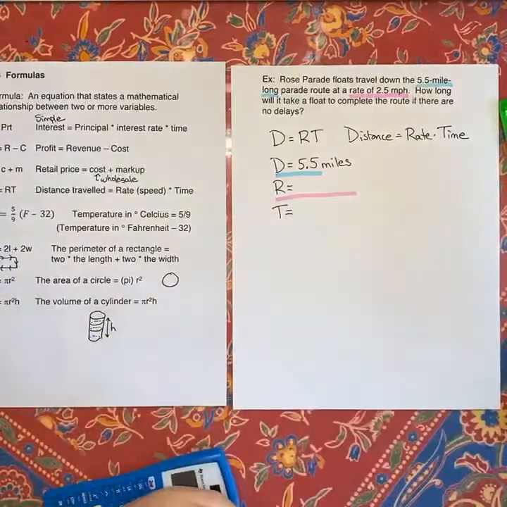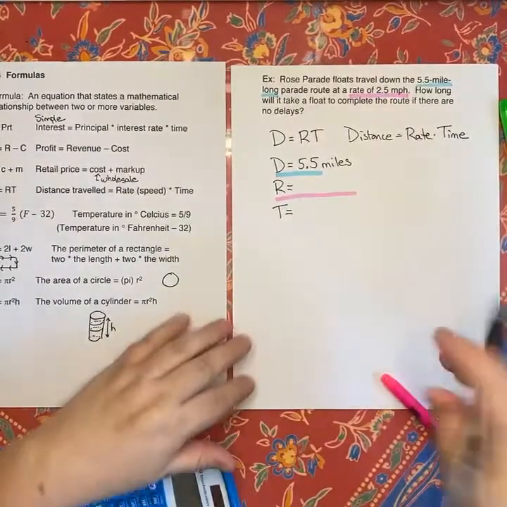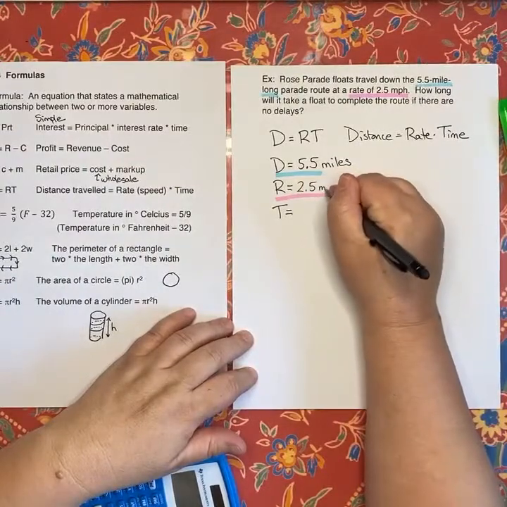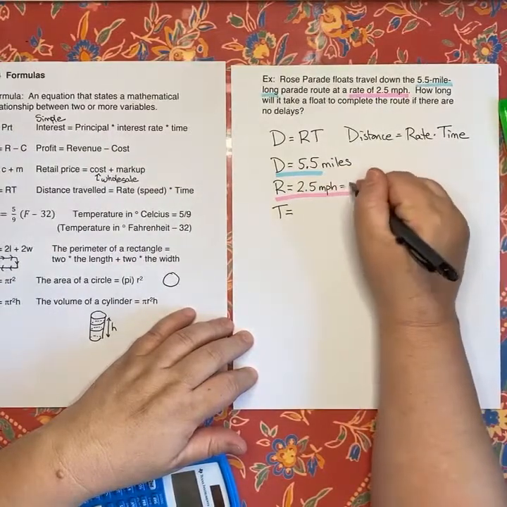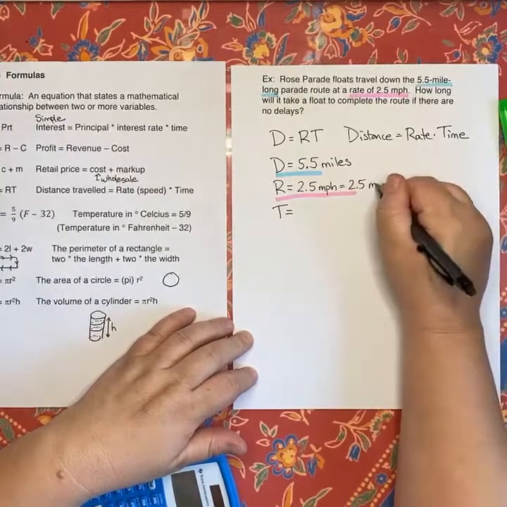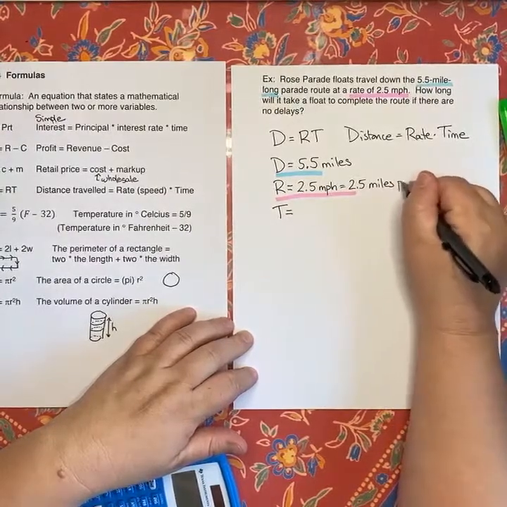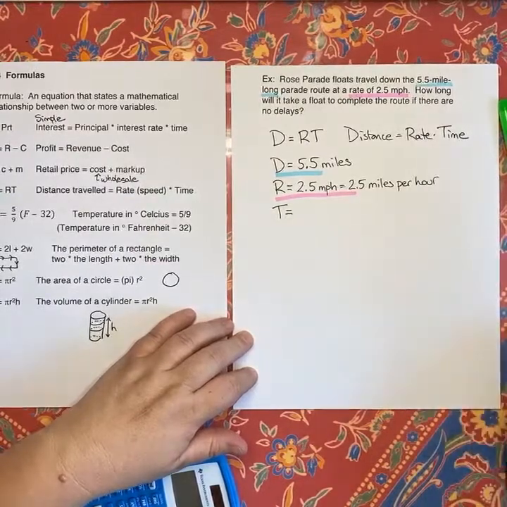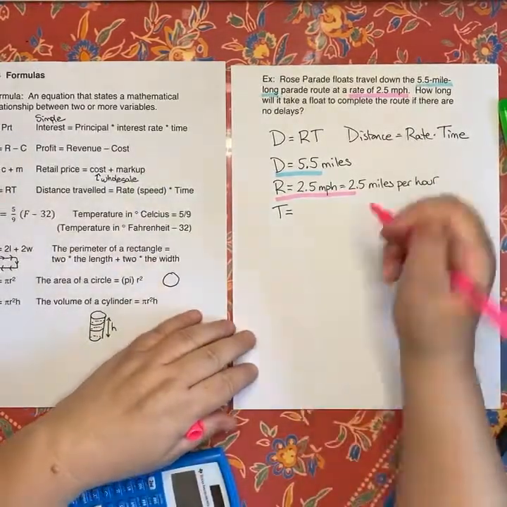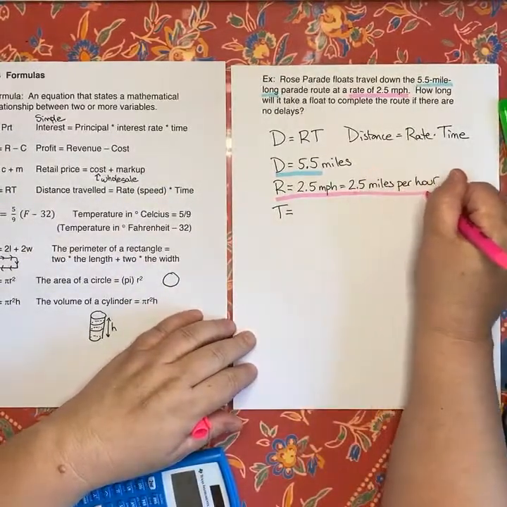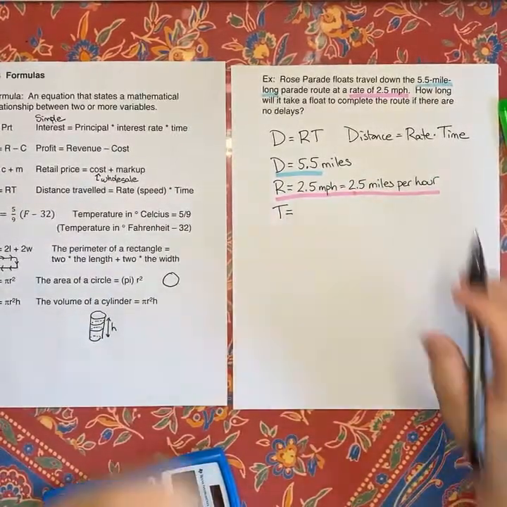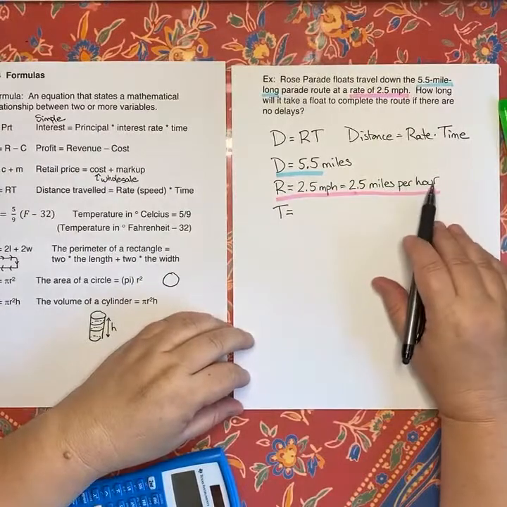Also, I will tell you something interesting about rates. It says 2.5 mph, which is 2.5 miles per hour. Rates will always be given with a per. Remember, we were just doing percent, and that was divided by 100. This is miles divided by hours.